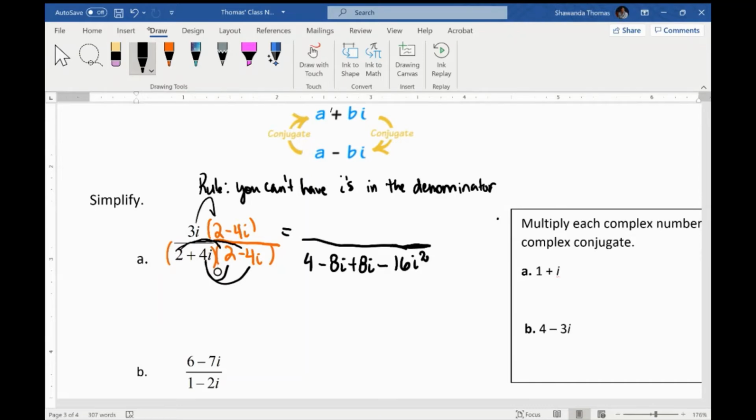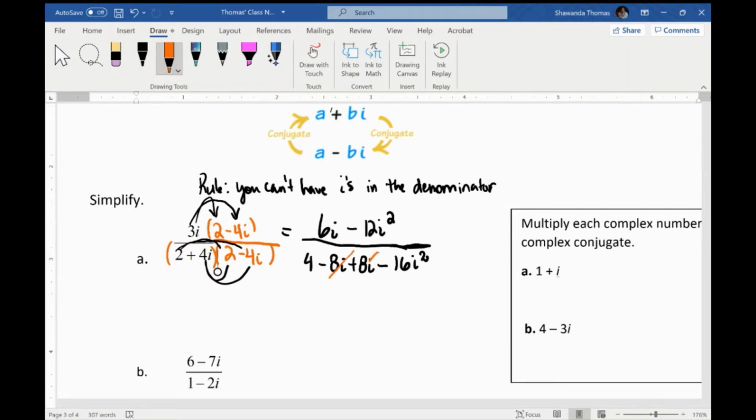What is 3i times 2? 6i. 3i times negative 4i is negative 12i squared. We obviously got a lot to do because i squareds popped up. And what else can we do in the denominator? You can cancel out the 8i.